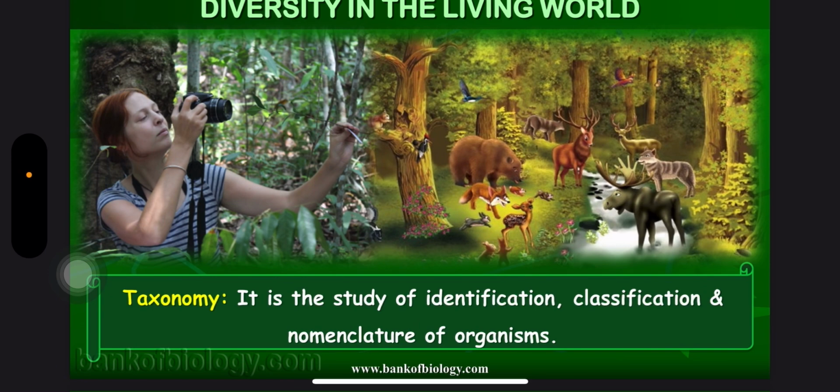Further, taxonomy is a branch of science that deals with the identification, classification, and nomenclature of the organisms. Taxonomy is a branch of science that deals with the study of identification, classification, and nomenclature of the organisms.